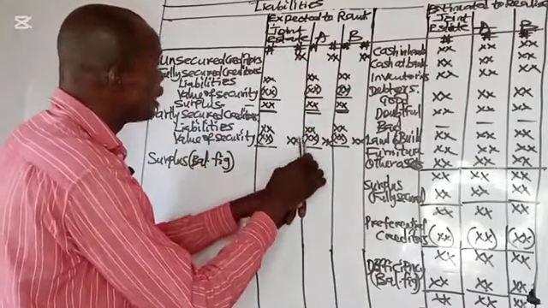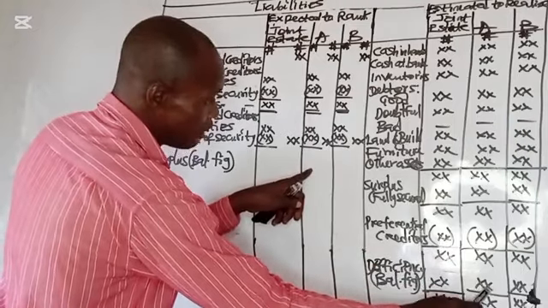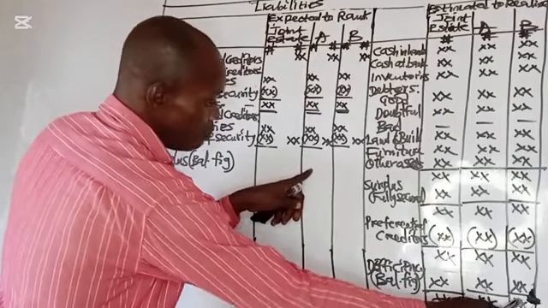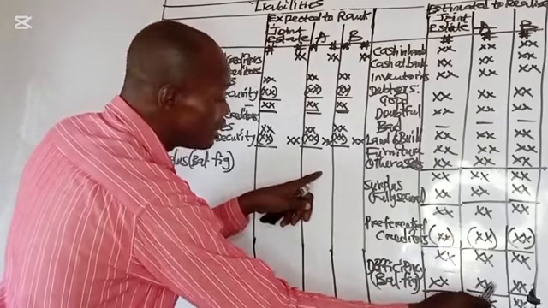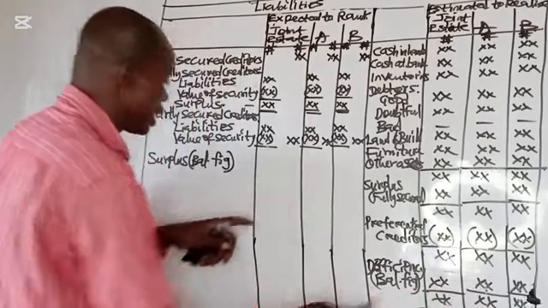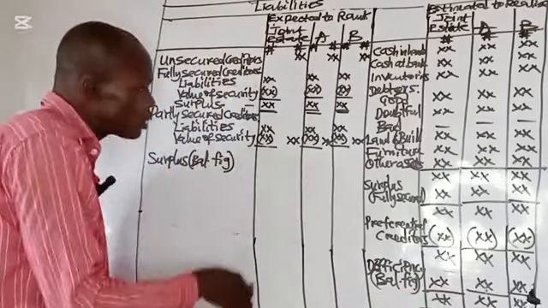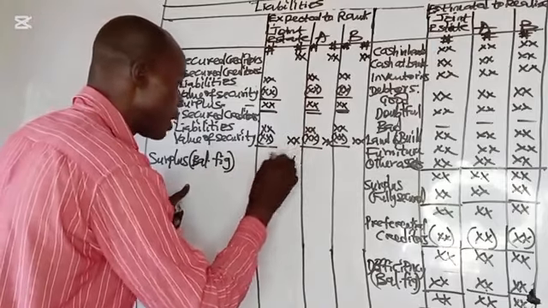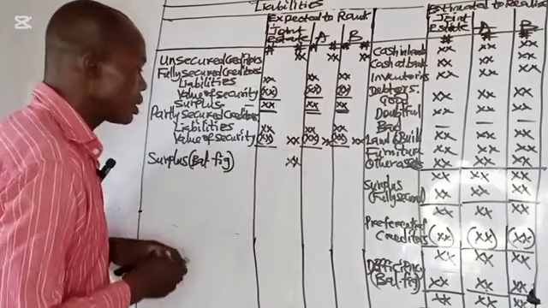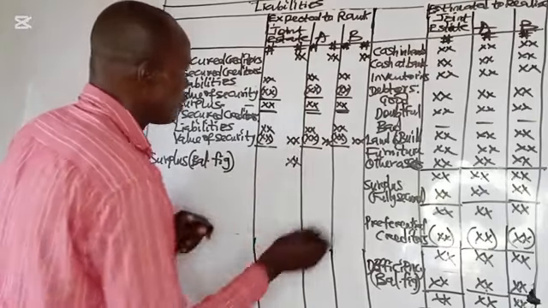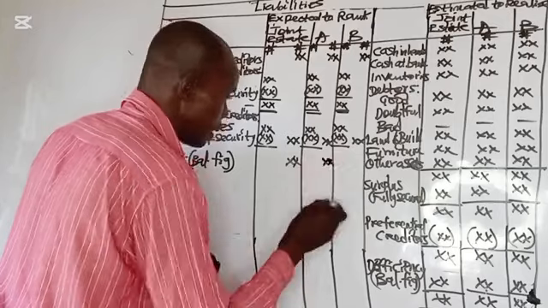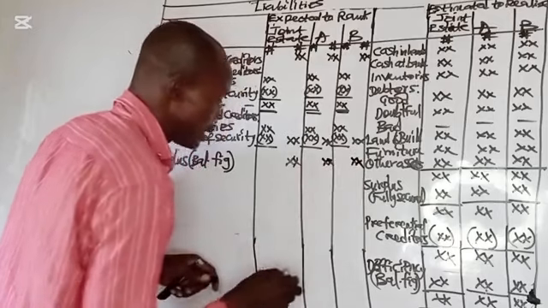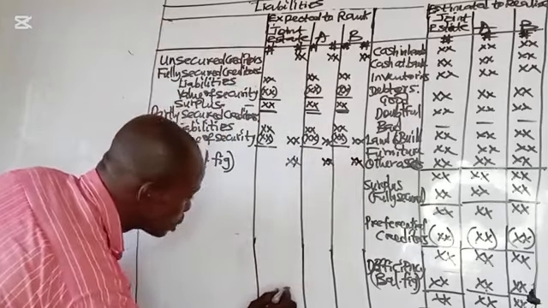That means if B is having a surplus, then B will not have deficiency here. If A is having surplus, A will not have deficiency here. So it is either surplus or deficiency. So let us assume joint estate is having a surplus. You add the surplus. If A is having a surplus, you add it. And if B is having a surplus, you add it. Then the total.